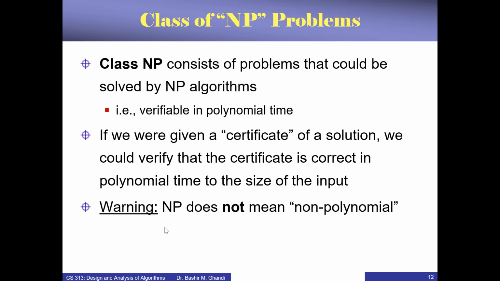There is no deterministic algorithm for the problem, but somehow we can come up with a solution in a non-deterministic way. Given that solution, it can be verified whether it is correct or not in polynomial time. So this is where the P is coming from. Non-deterministic is step 1 in generating the solution, but polynomial time to confirm whether a candidate solution is correct or not. That is the meaning of NP.